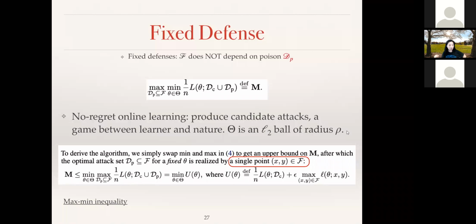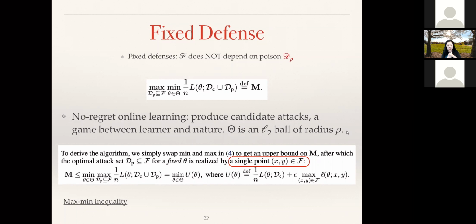In the fixed one, it is actually quite simple. The F does not depend on the poison D_P. We already gave you a few examples of why it doesn't have to, because you could just design your rules for your F, so it doesn't have to be related to your data set. I'm just recalling the equation here. M is the upper bound of the maximization of the loss over D_P.